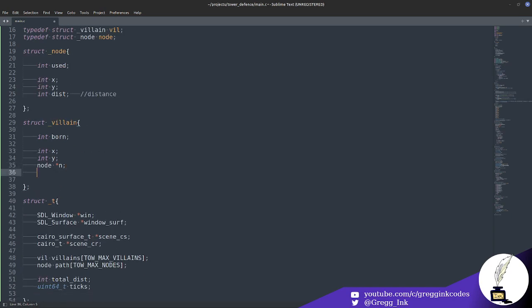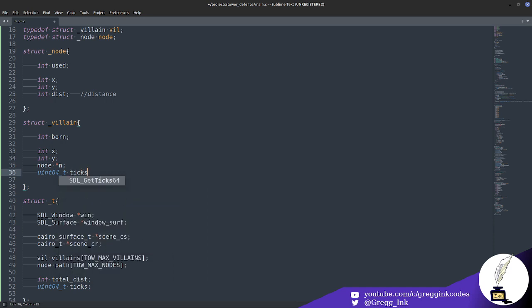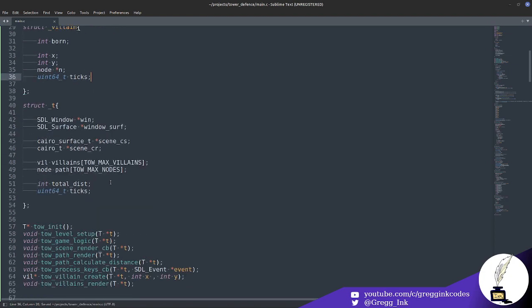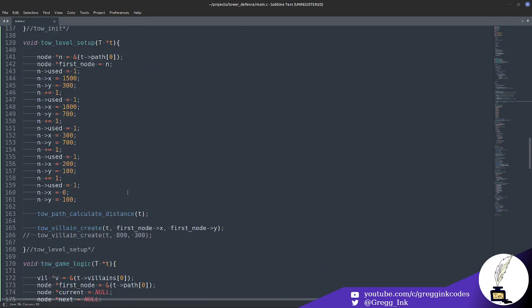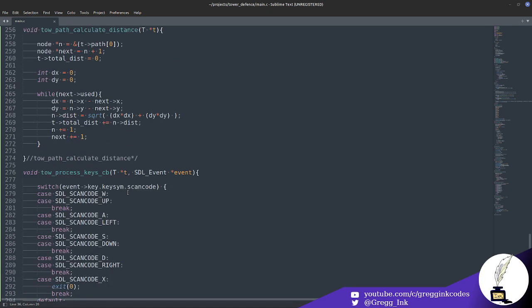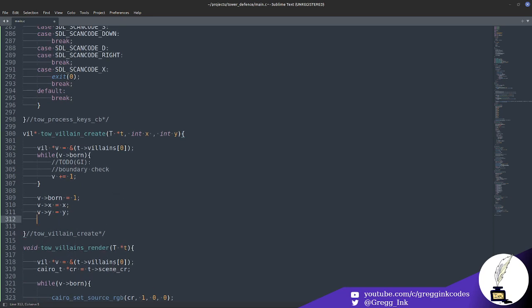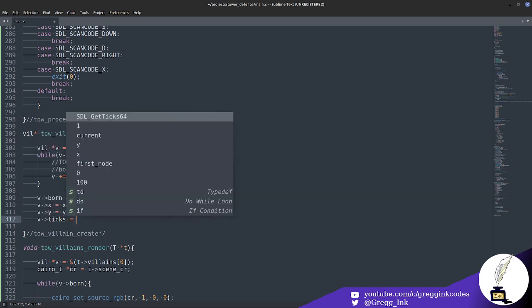So here, yeah, I'm gonna call it ticks. Okay, it doesn't matter. Now it would be tempting to do here v ticks and whatever, right?